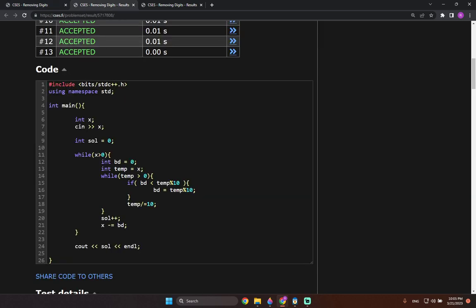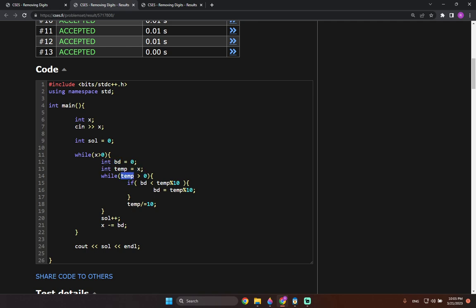So let's first of all look at the greedy solution, how to implement it. You just read the number. The solution is 0 steps initially, and while our number is greater than 0, thus we still have digits to subtract, we are going to find the biggest digit each time. So we save our number into a temporary variable.